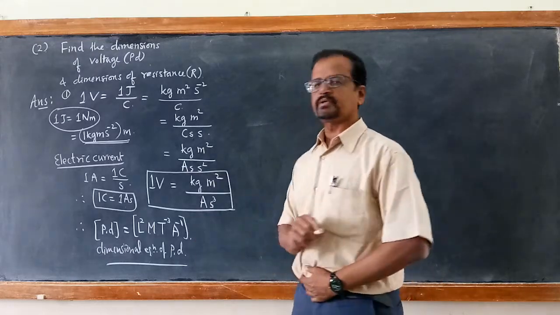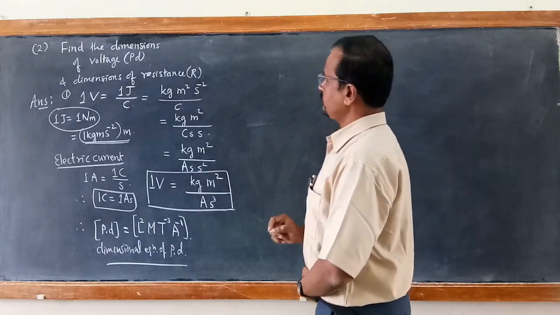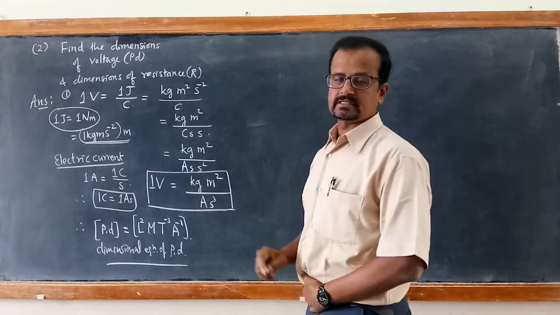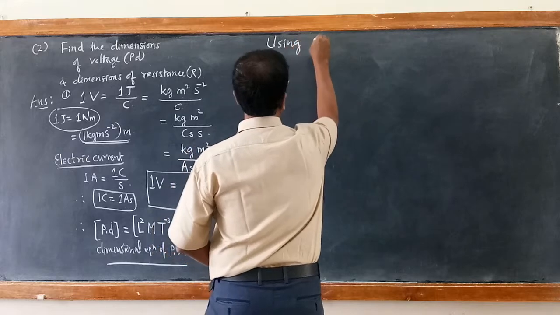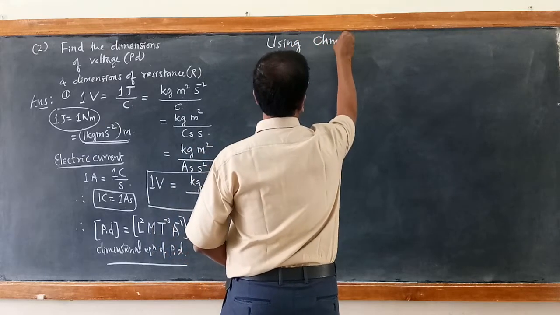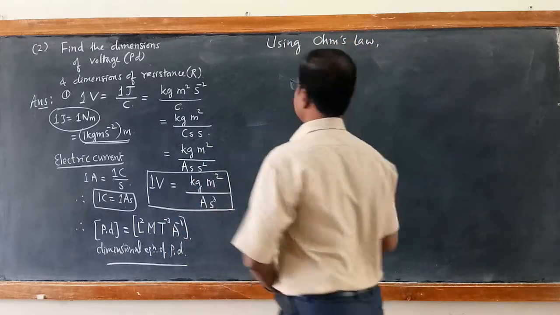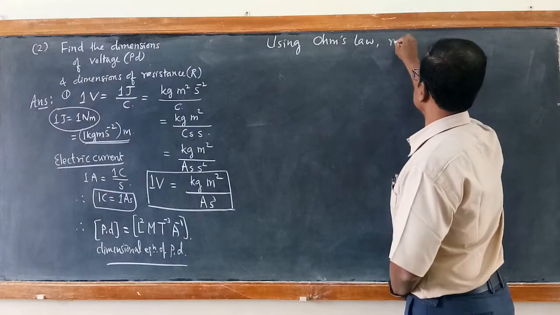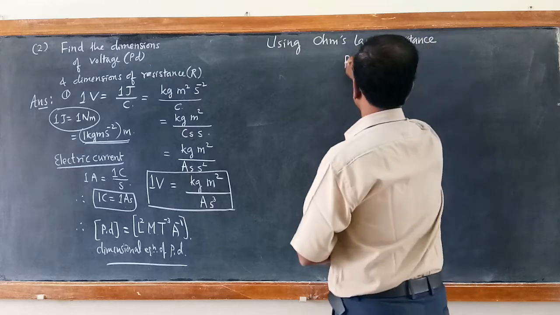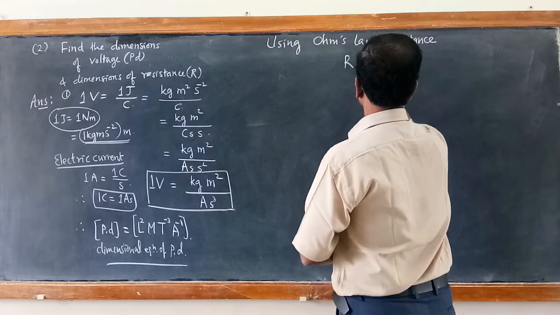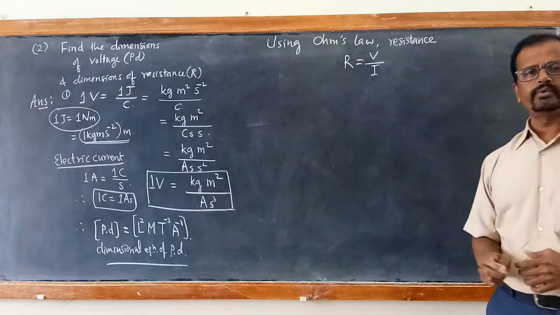These are the dimensions of potential difference. Now, in the same way, I can write the dimension of resistance using Ohm's law, which you have learned in 10th standard. We have resistance R is equal to V by I.